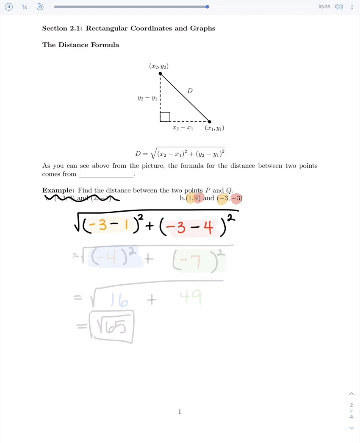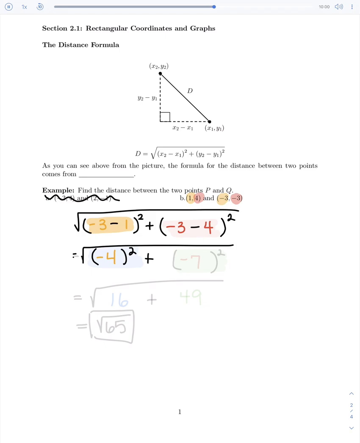Now we can continue following our order of operations by simplifying what's inside the parentheses. What's inside the first set of parentheses is a -3 minus 1, which will give us a -4. Everything else will stay the same. We'll still square it in a minute, but we're not dealing with the square root yet, just what's inside the parentheses.